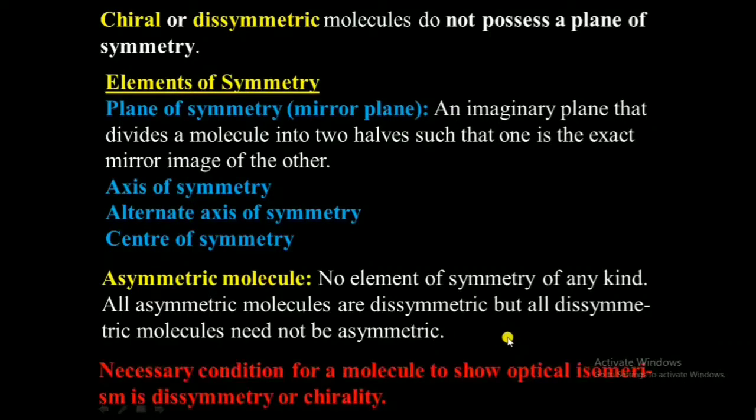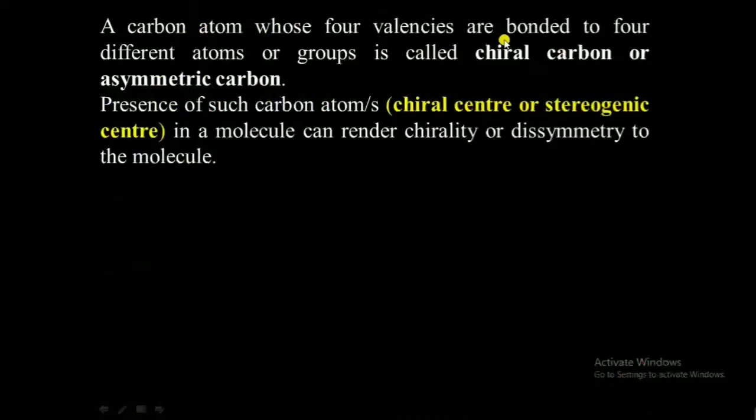However, the necessary condition for a molecule to show optical isomerism is dissymmetry or chirality. That means the molecule should not possess a plane of symmetry. Now, a molecule has to be chiral or dissymmetric. One of the conditions is the presence of a chiral center or stereogenic center or chiral carbon. So let's see what a chiral carbon is.